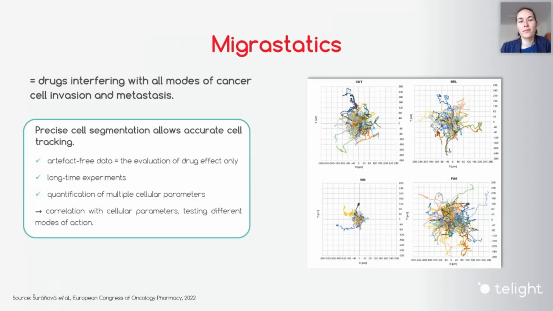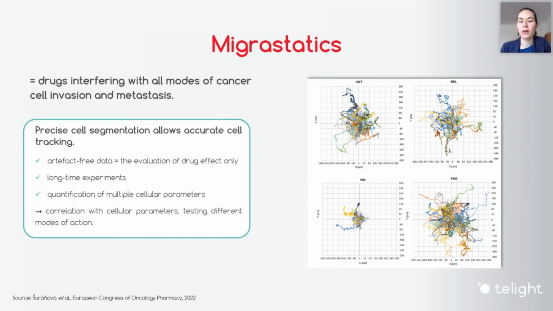Drugs that are directly linked to the studies of cell migration are called migrostatics, and the definition is that they are drugs interfering with all modes of cancer cell invasion and metastasis mechanisms. And again, to be able to precisely evaluate the effect of the migrostatics, you need a precise segmentation and its tracking.